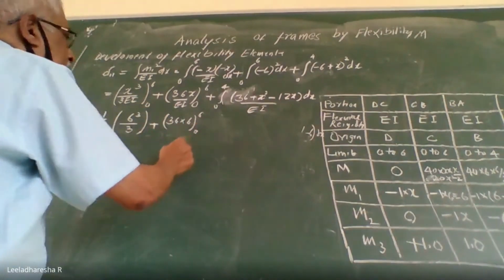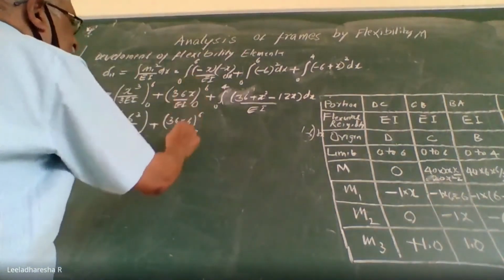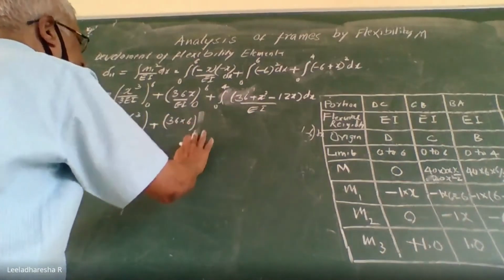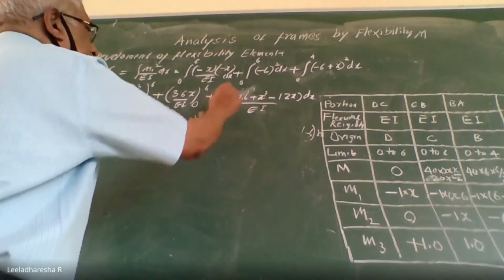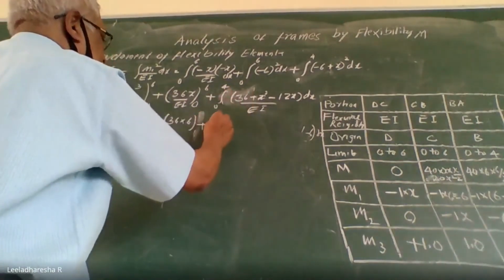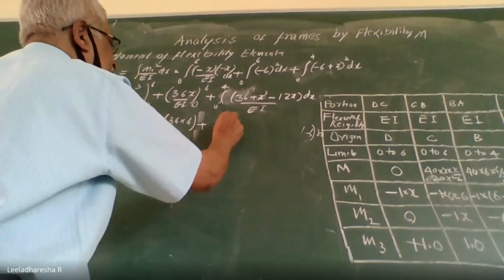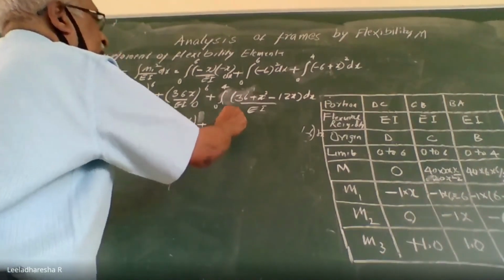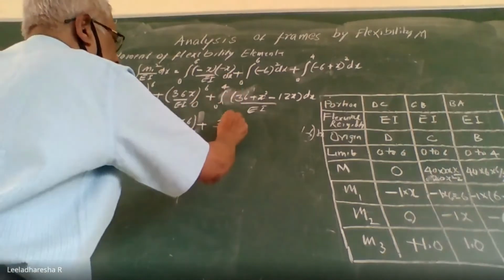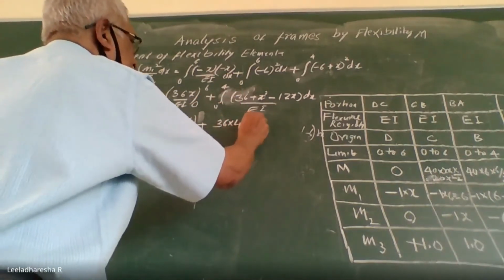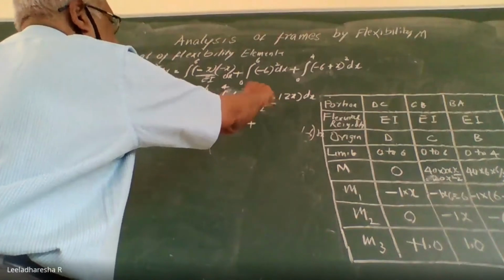36 into 6, no limit, plus integration of 36 you get 36x. X value you substitute for 36 into 4 plus x square.